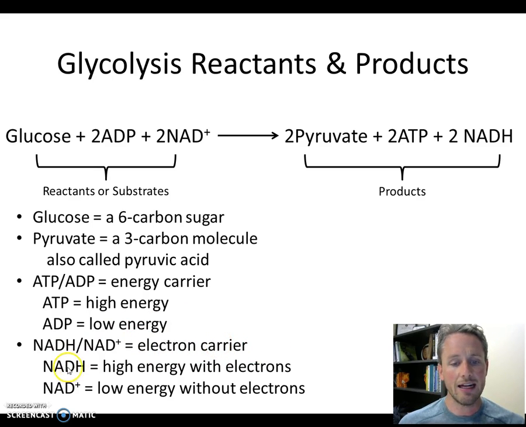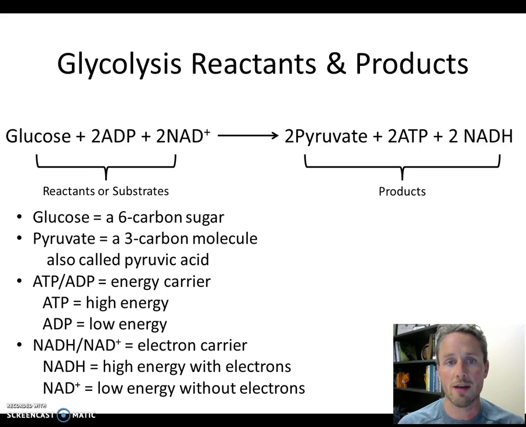The NADH form is the high energy form that's carrying some extra electrons, whereas NAD+ is the low energy form that is not carrying these extra electrons. If we understand these terms and know these facts, then we shouldn't have a lot of trouble discussing what is going on during glycolysis.